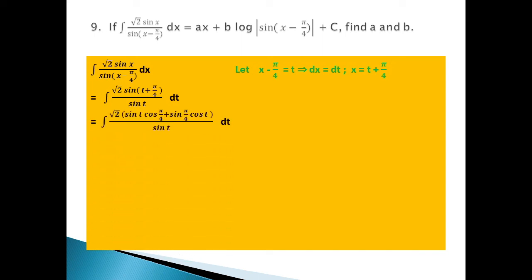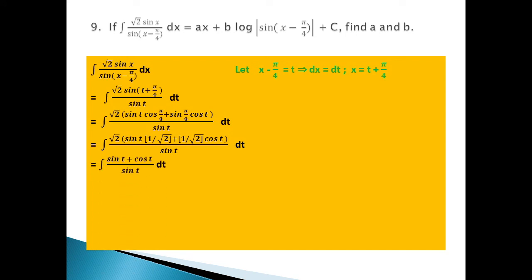Now you can see the numerator can be expanded using the identity of sine of a plus b. So I have written sine t cos pi by 4 plus sine pi by 4 cos t. And now you can substitute the values of sine pi by 4 and cos pi by 4, which you know are 1 by root 2 each. I have done that only.